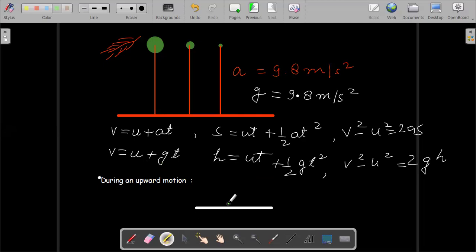Initially we have our ball and we throw it upward with a certain speed u. During this time the object is moving upward, but the acceleration due to gravity is acting in the downward direction. So here you take the acceleration due to gravity in the downward direction. Since velocity and acceleration are opposite to each other. Are they opposite to each other?